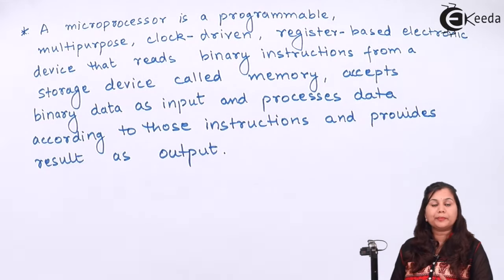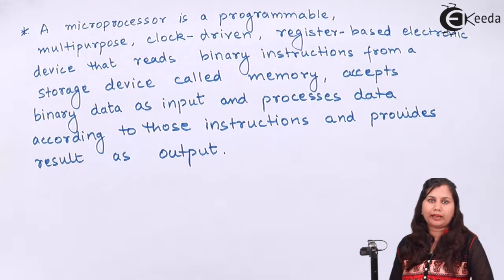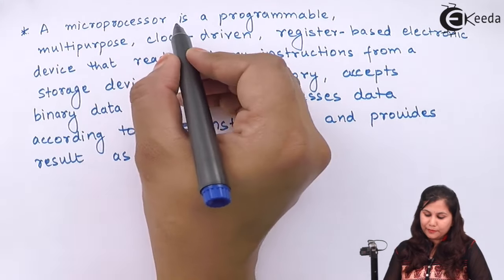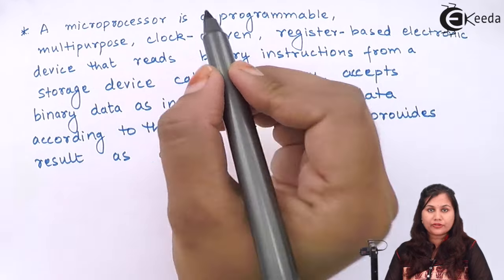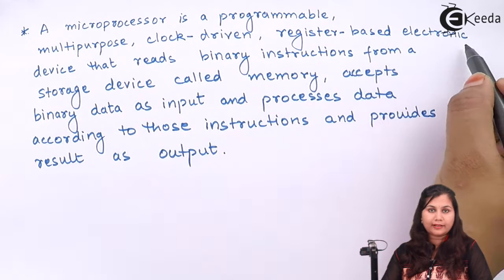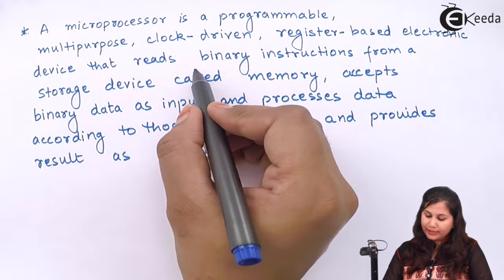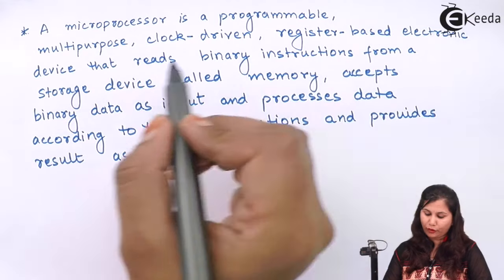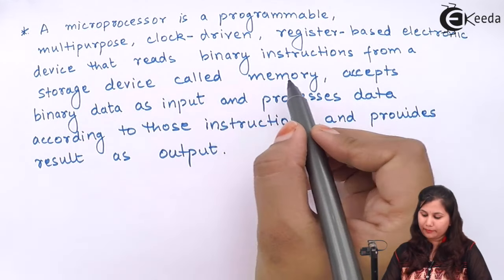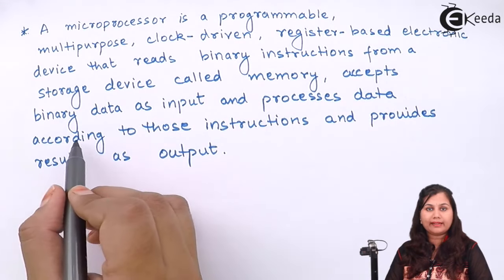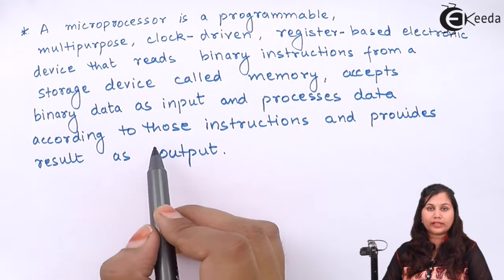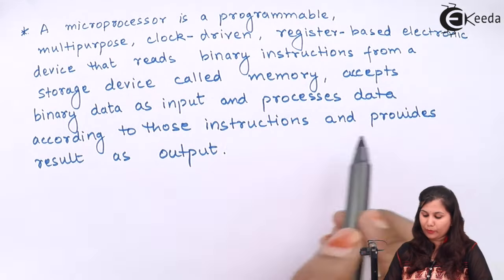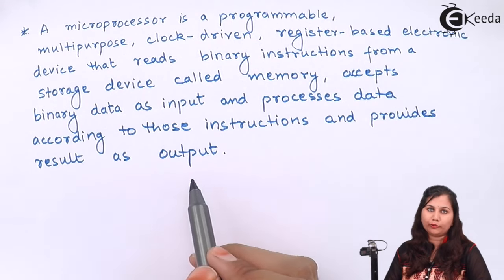So this is the complete definition of the microprocessor. A microprocessor is a programmable, multi-purpose, clock-driven, register-based electronic device that reads binary instructions from a storage device called memory, accepts binary data as input, and processes the data according to those instructions and provides the result as output.